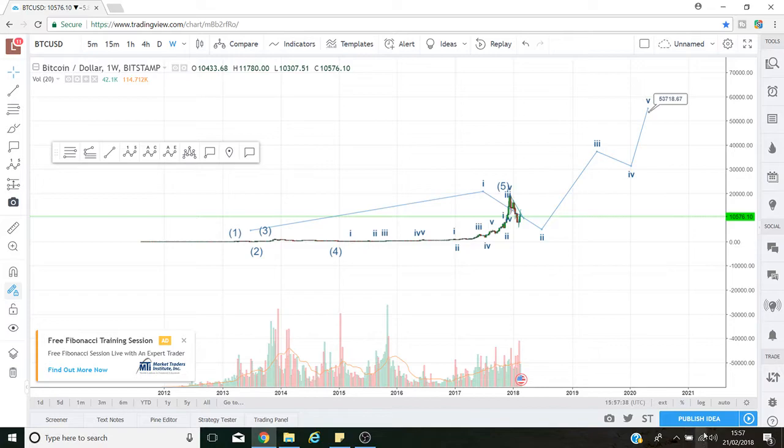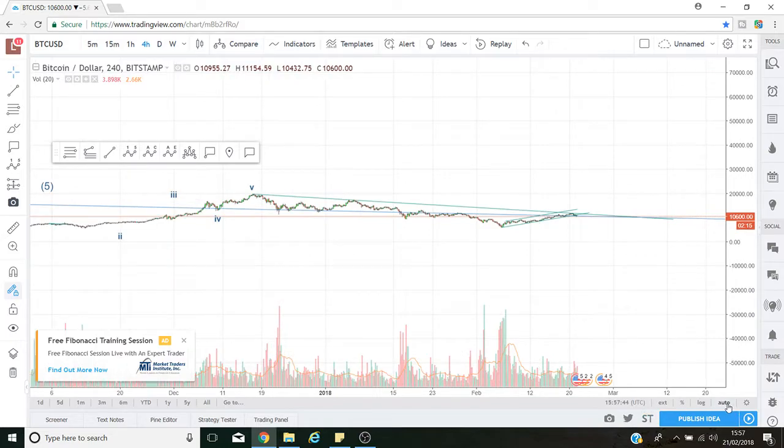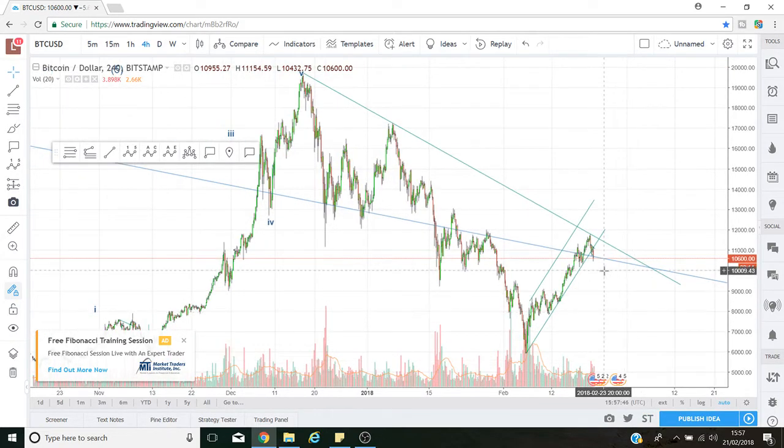So today is 21st of February 2018, and if we look where price is today, we got from the bottom of major wave 2 at 6,000, it's gone up to 12,000, so doubled already, and it's starting to retrace. I'll make another video to subdivide this wave, because obviously this is very important now.